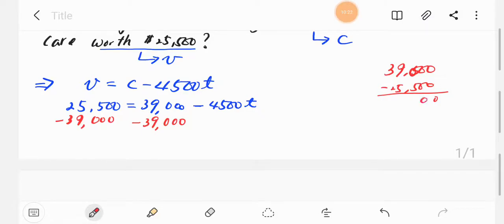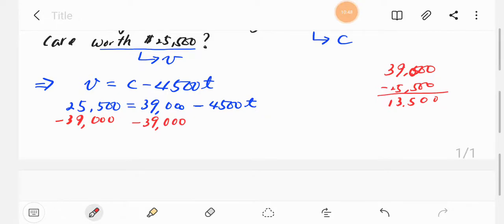So this was 0, 0, 5, borrow 1, and then borrow 1, right? And then minus 5 is 4, so it'll be 3, then 3,000, and then 1, right?